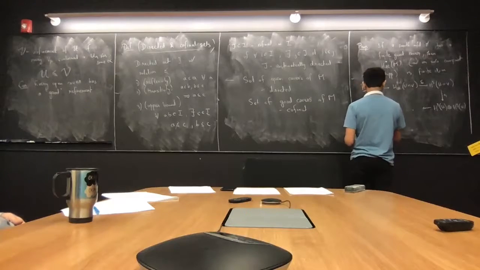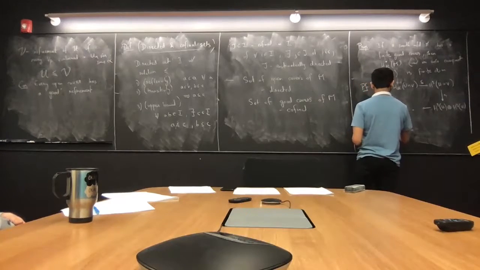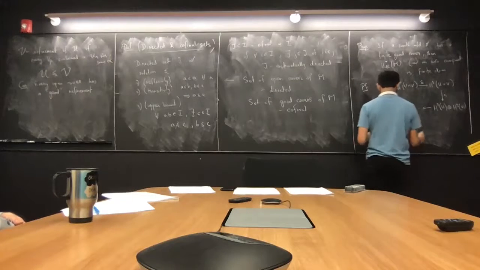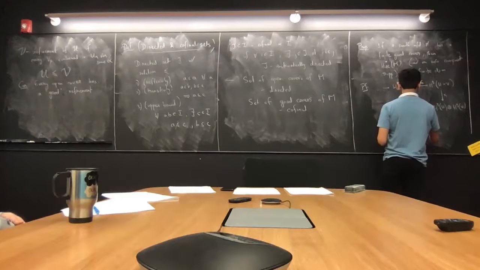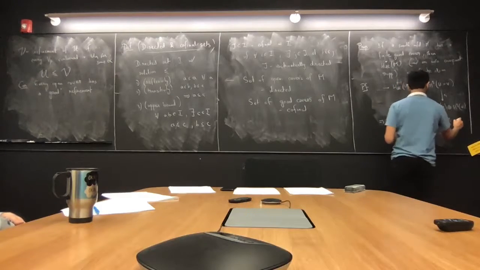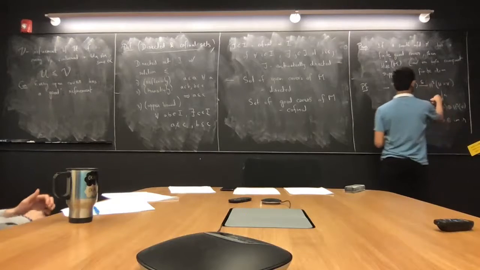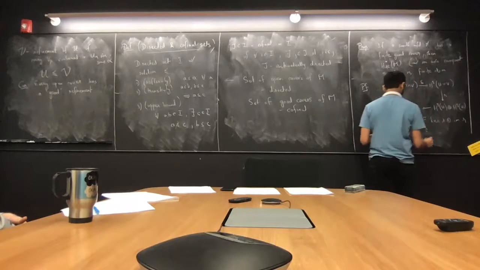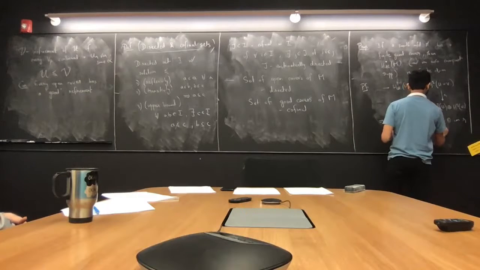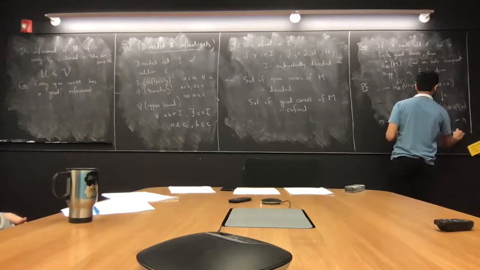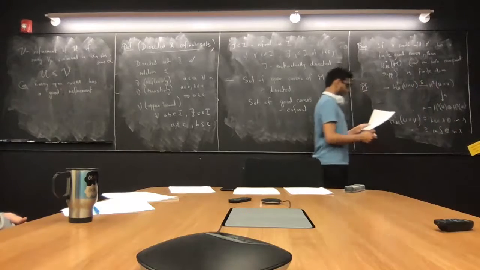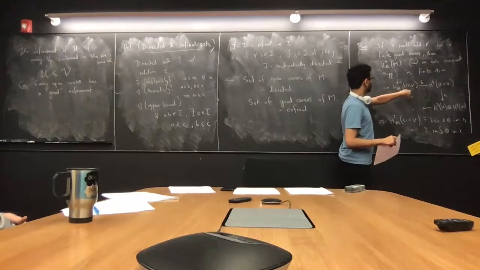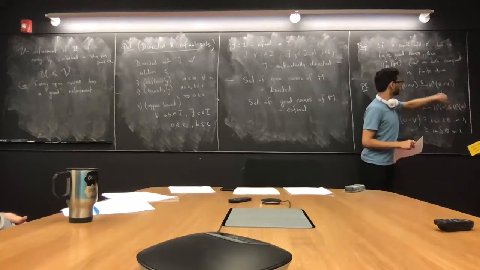So by the rank-nullity theorem, we also have H^q_dR(U ∪ V) is isomorphic to kernel R direct sum image R, where this is the map R. And because this is an exact sequence, this is isomorphic to image delta direct sum image R.